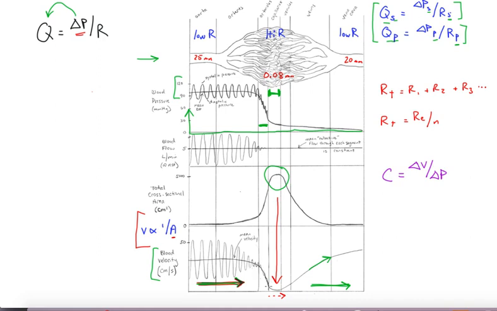Because we've got to move this blood rapidly through the pulmonary circuit as well. Now, the pulmonary circuit is shorter, and so we need not have exactly the same blood velocity there. But regardless, we have two different scenarios for pressure and resistance in the two circuits that give us the same answer in terms of flow.